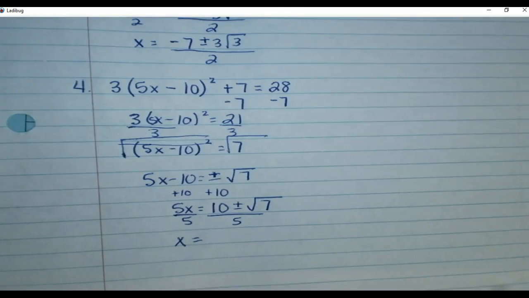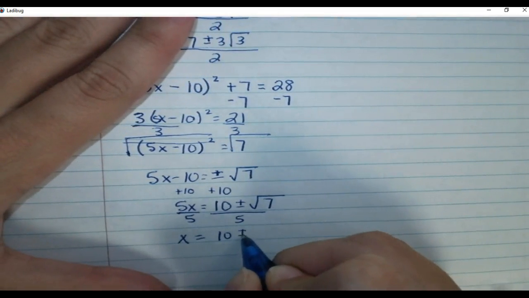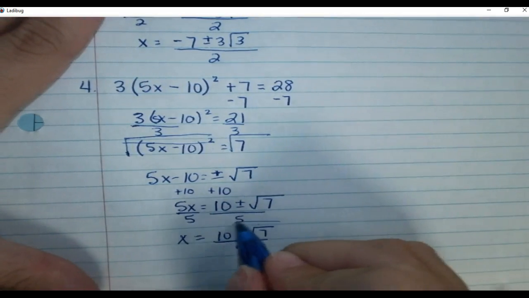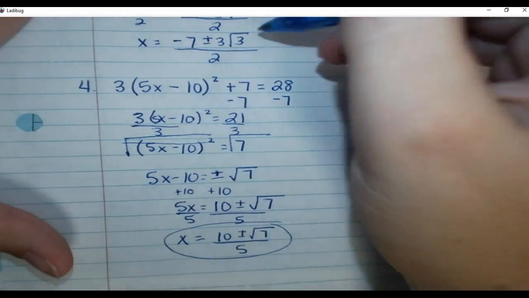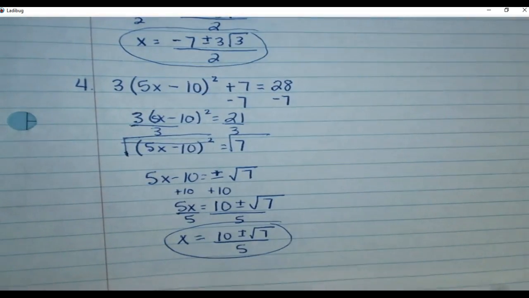So again, I'm just going to leave it a big fraction. And that's it. Any questions? Hopefully easier than quadratic formula? Yes, maybe.